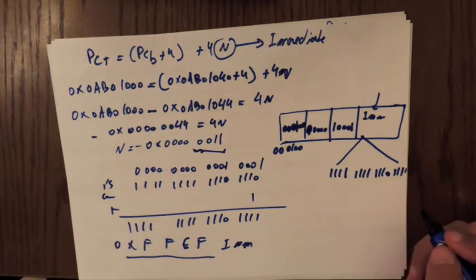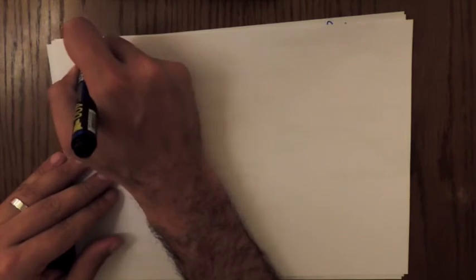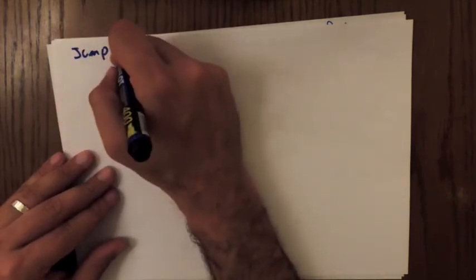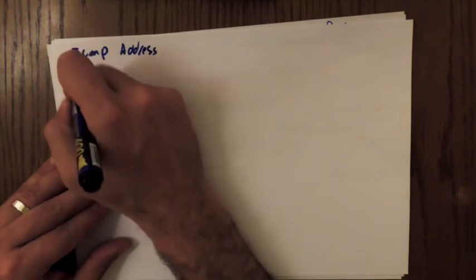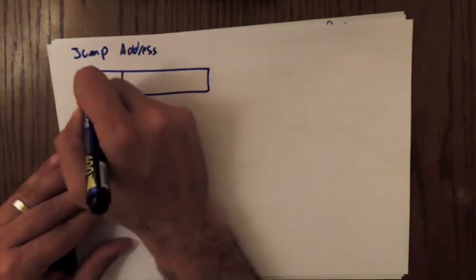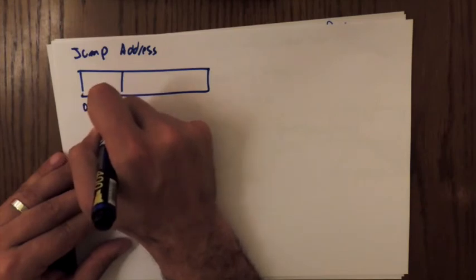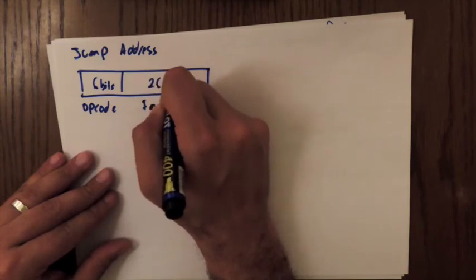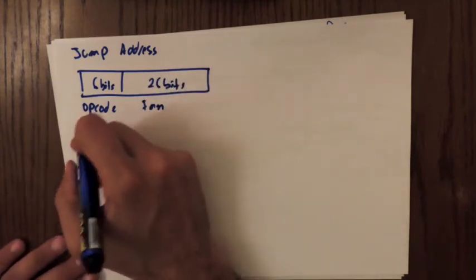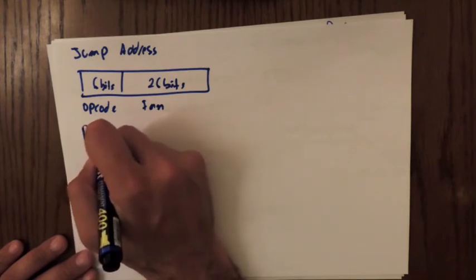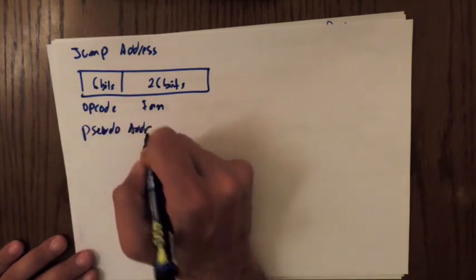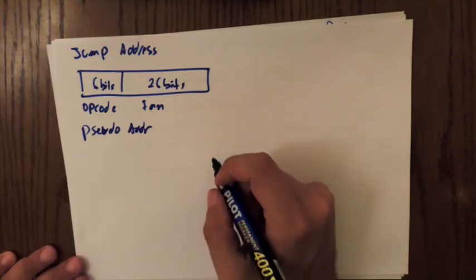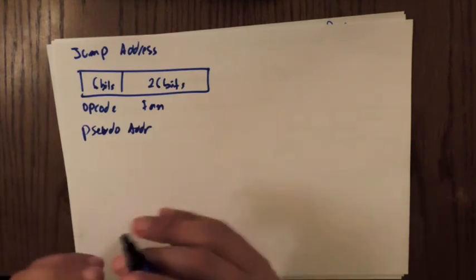Now concerning the unconditional jumps, with the jump format, the jump address, we have the opcode. It's going to be 6 bits, and the immediate here is going to be 26 bits. So jump address uses something called a pseudo address, which is just a fake address, not the complete address.